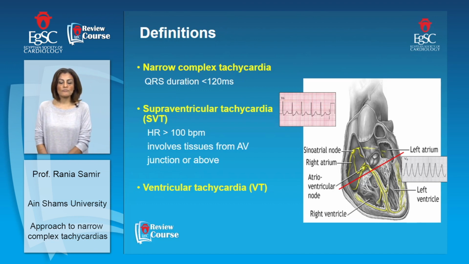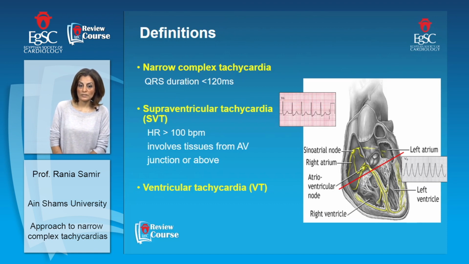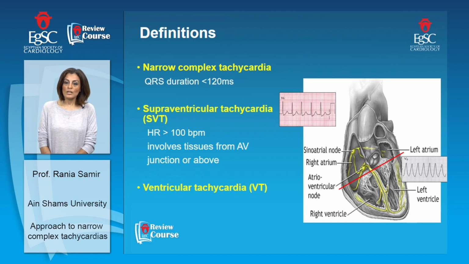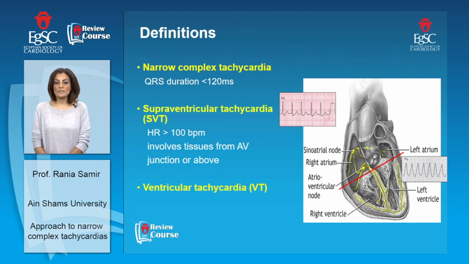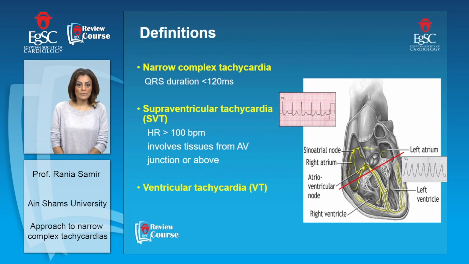Only a small fraction of these arrhythmias known as narrow complex tachycardia are ventricular tachycardia, a special form known as the high septal or high septal fascicular ventricular tachycardia, which is able to activate the His-Purkinje system and produce a very narrow QRS measuring less than 140 milliseconds.